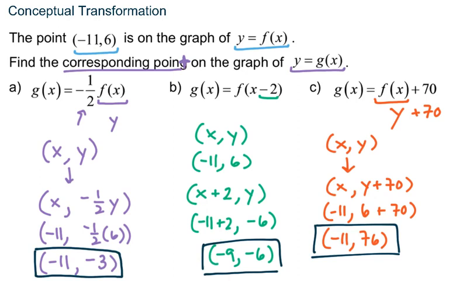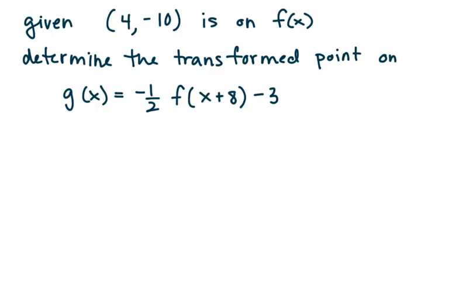Let's look at one more with maybe multiple transformations occurring simultaneously. In this example, we're given an ordered pair (4, -10), which is on the original function. And we are going to determine the transformed point by using g of x. So g of x is defined as -1/2 times f of the quantity x plus 8, minus 3.